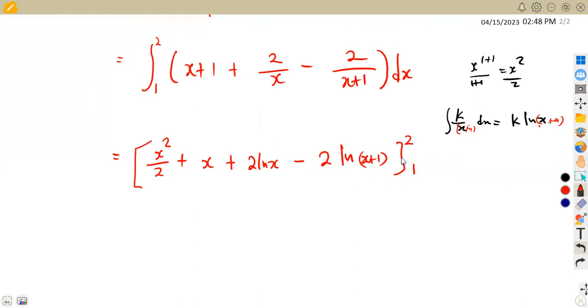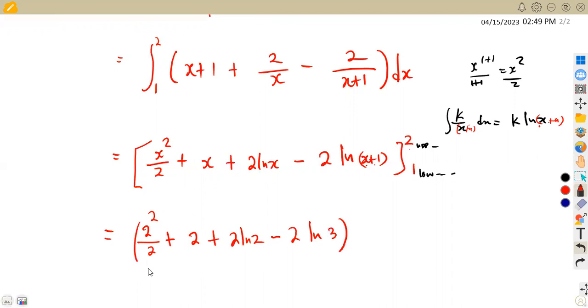So what do the limits mean? We are substituting the upper limit minus the lower limit. This is your upper limit and this is your lower limit. In place of x, wherever there is x, you substitute the upper limit, which is 2. So that's 2 squared over 2, plus, in place of x, you substitute 2, so that's 2 ln 2, minus 2 ln of 2 plus 1, which is 3.